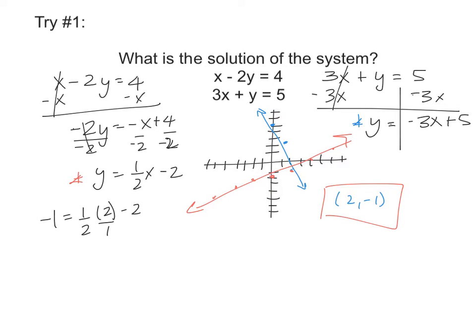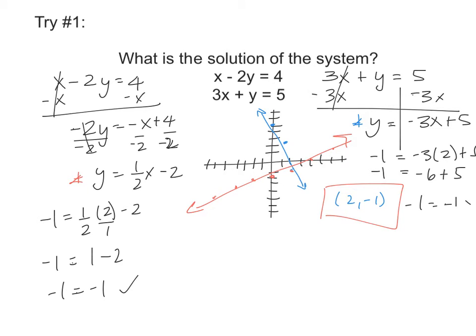Remember, if I put that over 1, my numerator will be 2, my denominator will be 2 because 1 times 2 is 2, 2 times 1 is 2. 2 over 2 is 1, so 1 minus 2 is correct, it is negative 1. So that works. I can practice on the blue equation over here, so that'd be negative 1 is equal to negative 3 times 2 plus 5. Negative 1 is equal to negative 6 plus 5, meaning negative 1 equals negative 1. So yes, it works. That is correct. And so 2, negative 1 is the solution to this system.